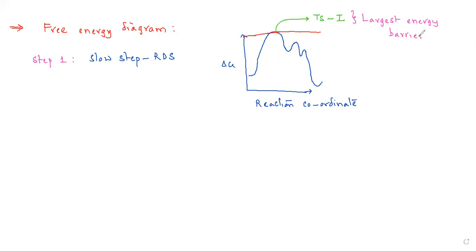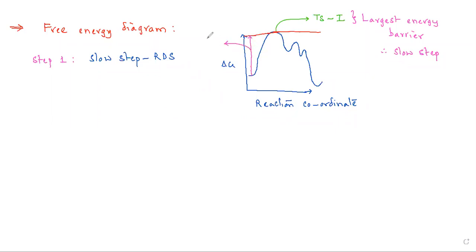See, the height of the energy barrier determines the threshold energy required. Because this is the largest energy barrier, this is going to be the slowest step of all.